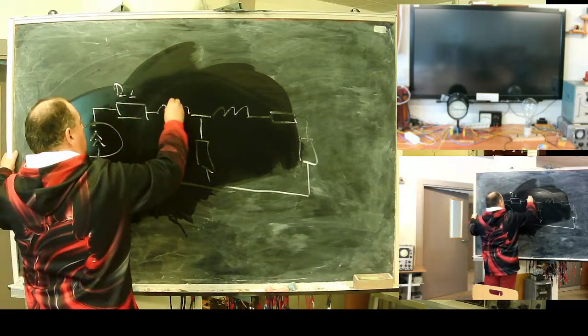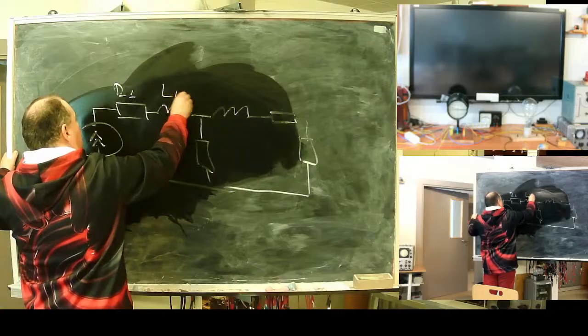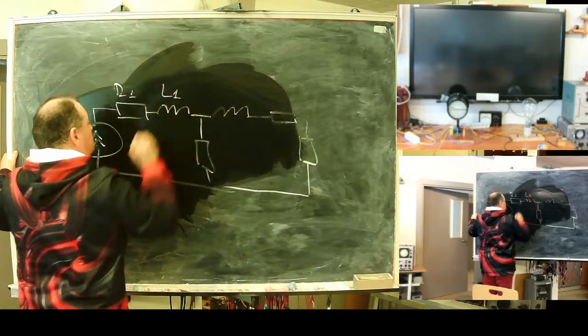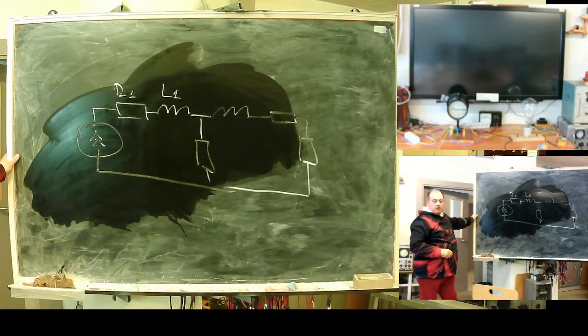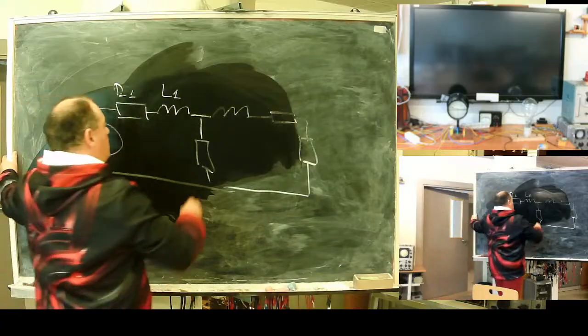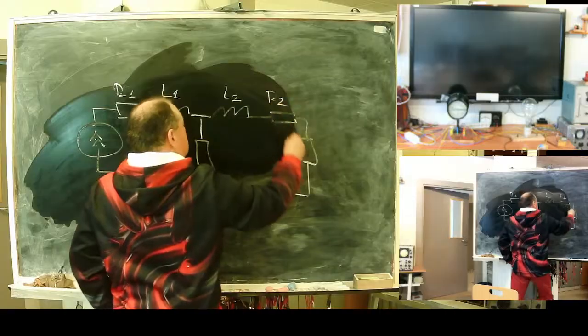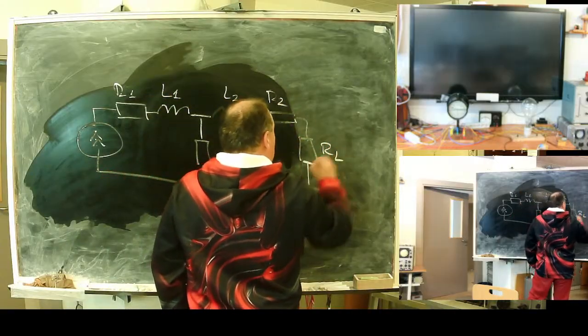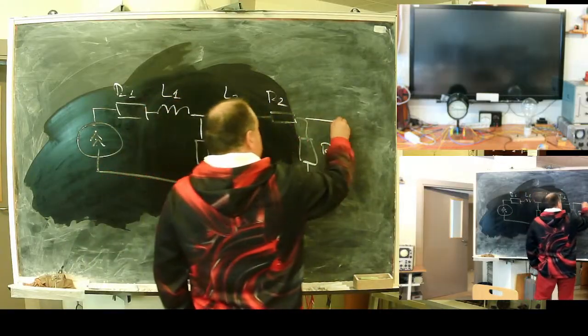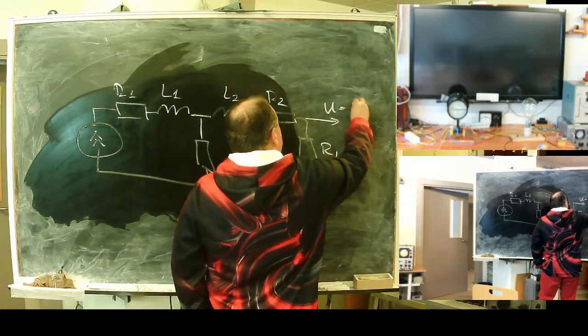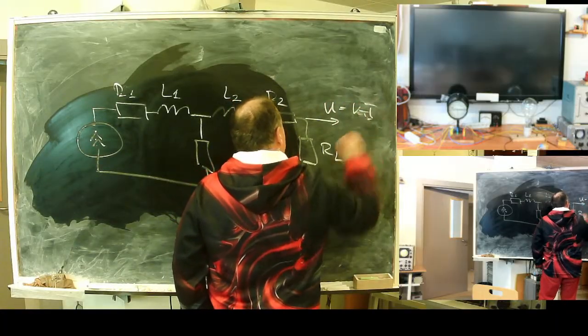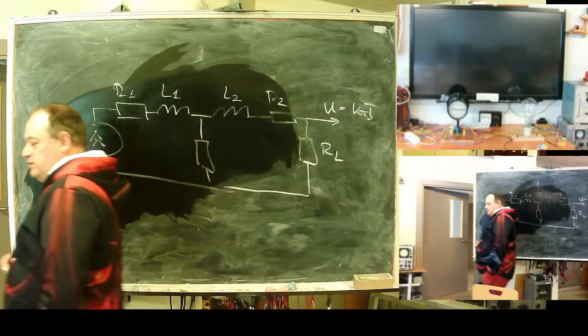Resistance of primary winding, inductance of primary winding, something very small. You have the idea. Inductance of secondary, resistance of secondary, load resistance. Here your voltage is coming out.